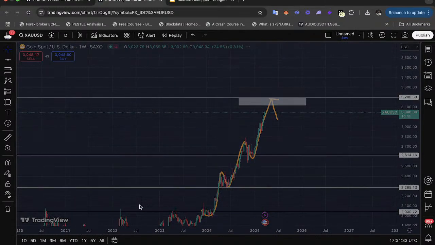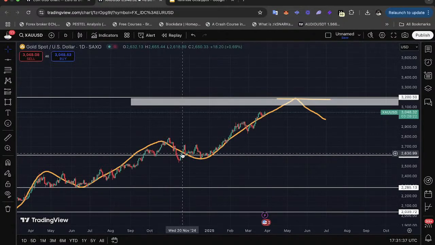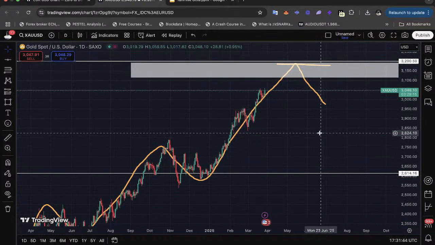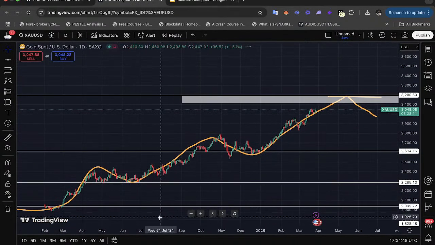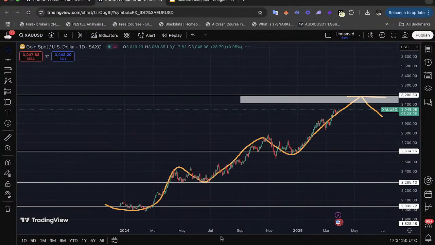All right, so let's go down to the 1 day time frame, the daily time frame. Now, here is the daily time frame, and of course, it became more obvious as to what the market is doing.